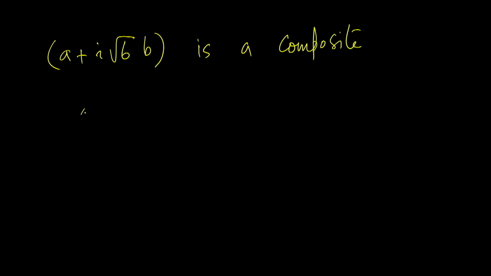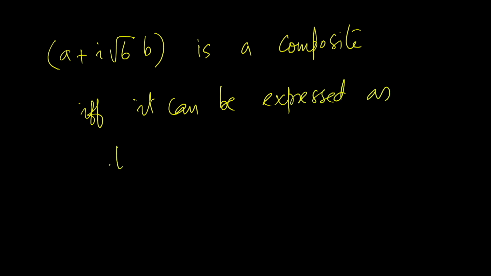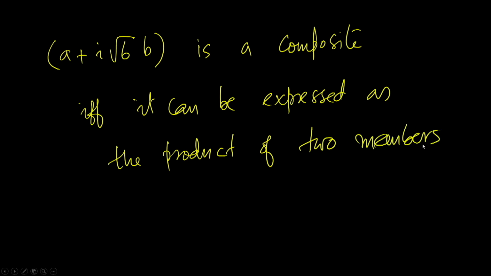We say that in this system a number a plus i root 6 b is a composite, in other words not a prime, if it can be expressed as the product of two members of C of norm greater than 1.